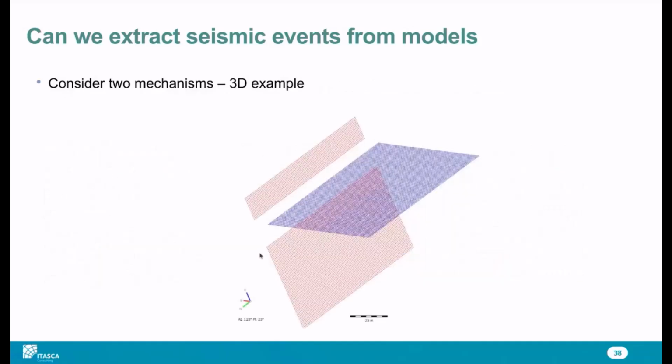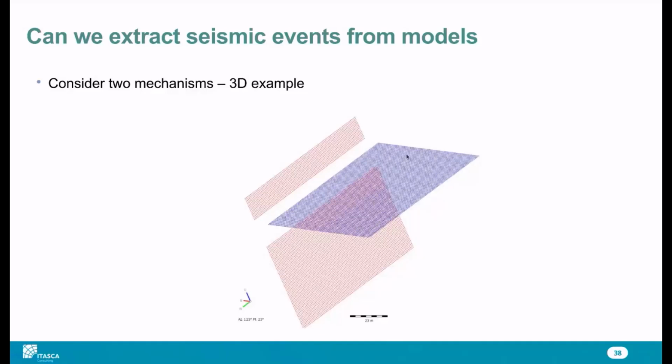If we move to a 3D example, assume we've got two structures. There's a red structure that you can see here and a blue structure here. And all of these dots are zones or maybe facets, faces, interfaces that failed on these structures. So we've got one structure that failed in one way, and another structure that failed in another way.